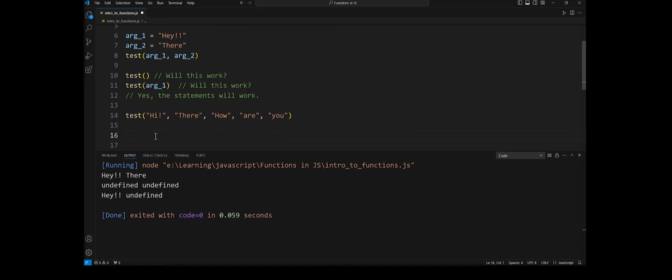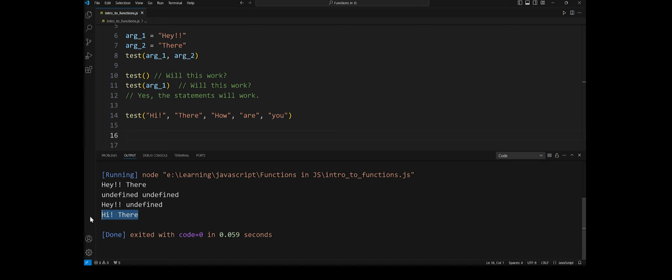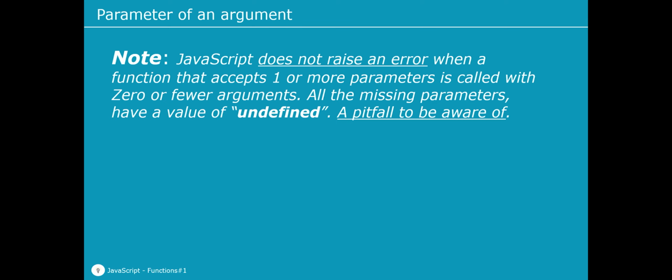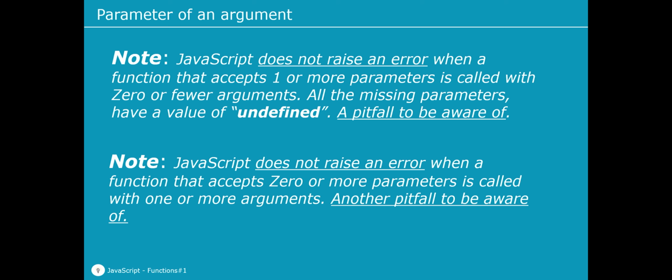And in languages like Java, Python or C++, this statement will throw an error. To summarize, there are two pitfalls to be aware of. First, when we call a function with fewer arguments, the missing arguments are assigned the value of undefined. And the second is when we call a function with more than the required number of arguments. In both the cases, JavaScript will not raise an error.